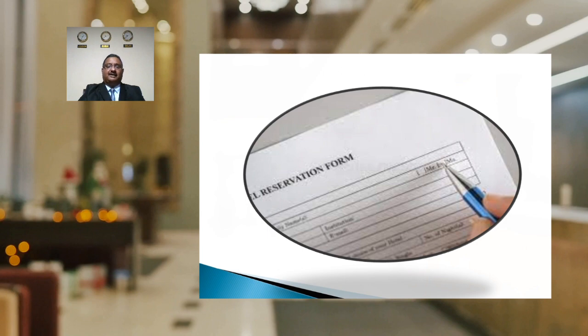Before confirming a reservation, the hotel may ask for a credit card guarantee or an advance payment from the guest. The hotel also makes a note of any special request or arrangement, like airport pickup or providing an extra bed in the room.